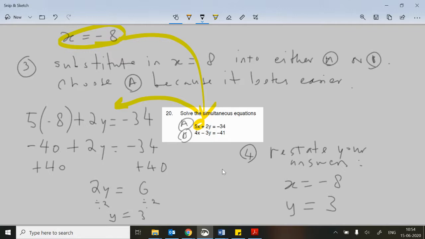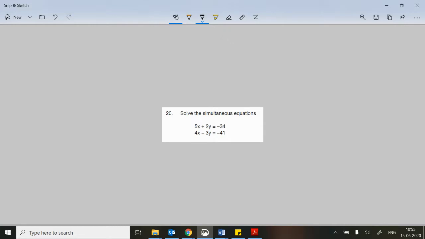Now, I'm actually going to do one final step here, which you can choose to do if you wish to or not. But now we've got the two answers, x is -8 and y equals 3. What we're going to do with that, let's just put them up again. So x equals -8 and y equals 3.